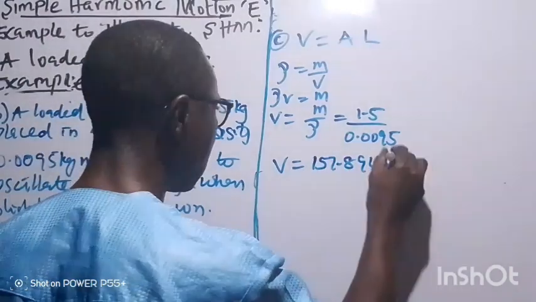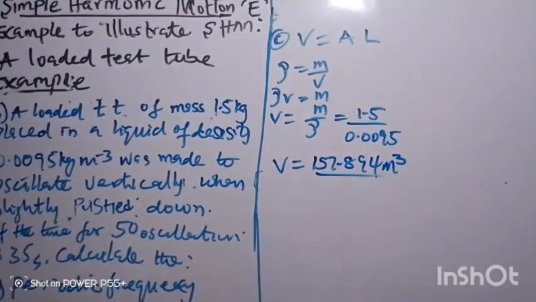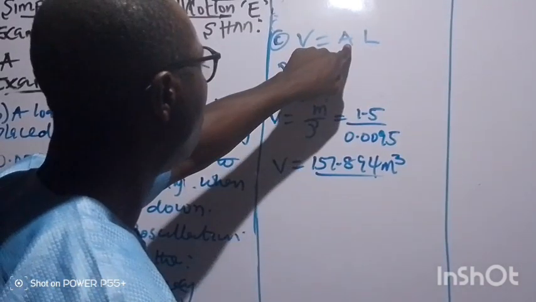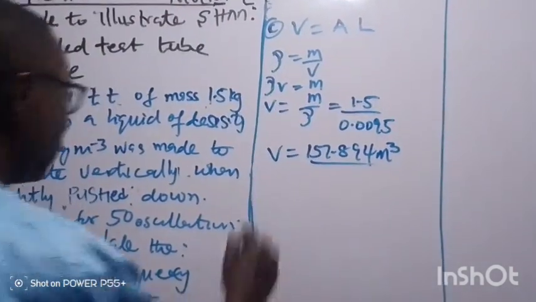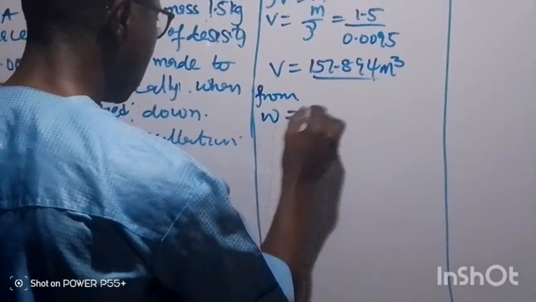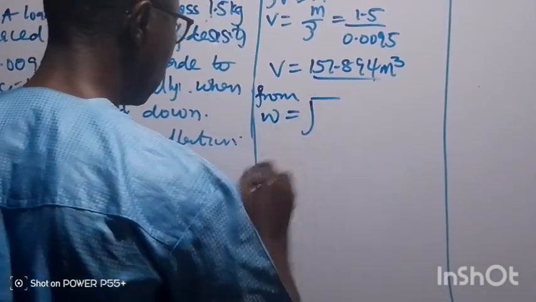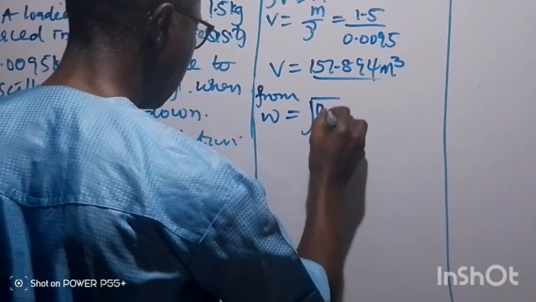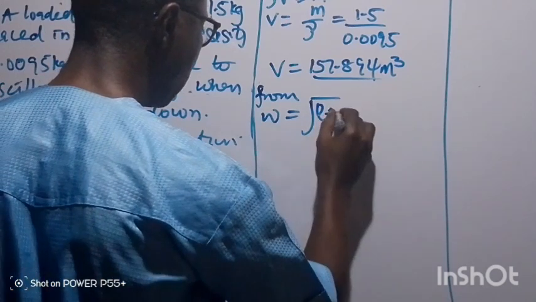Now the next thing is to calculate area. To find the value of A, omega is equal to the square root of density multiplied by area multiplied by G over M. Let's make A the subject of the formula.